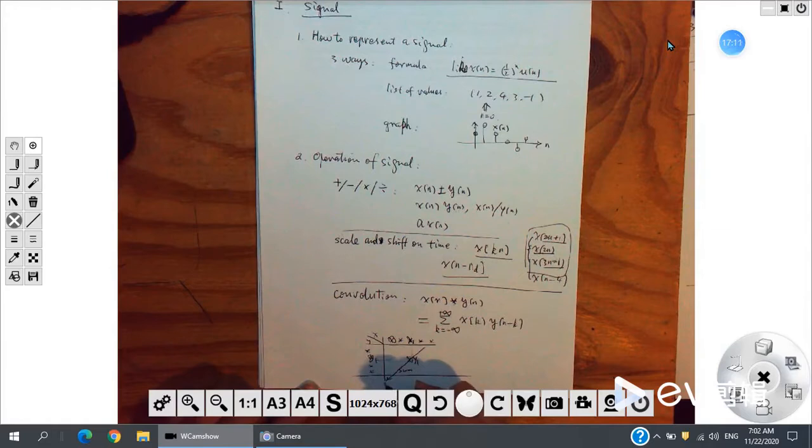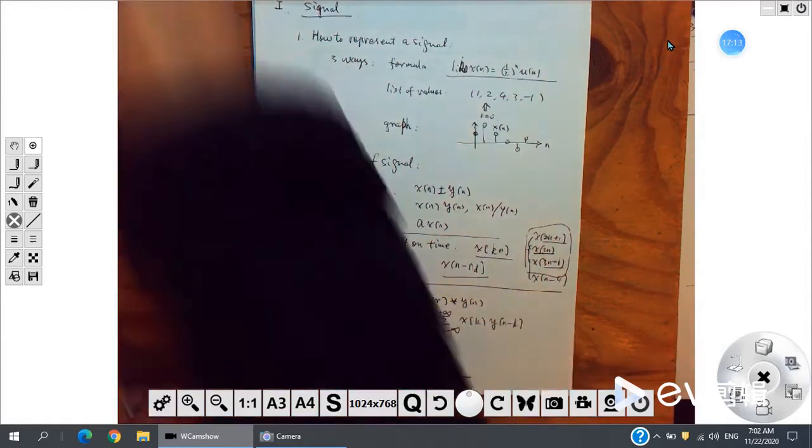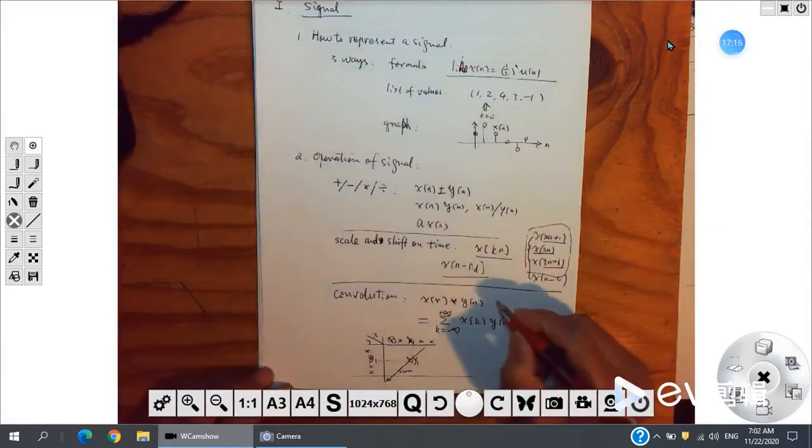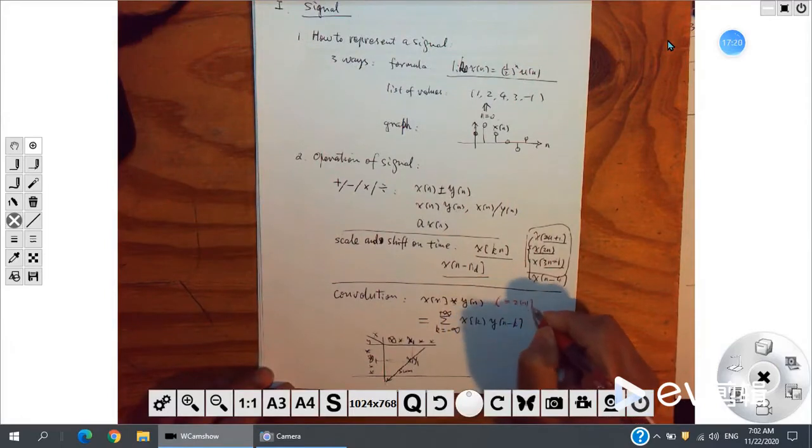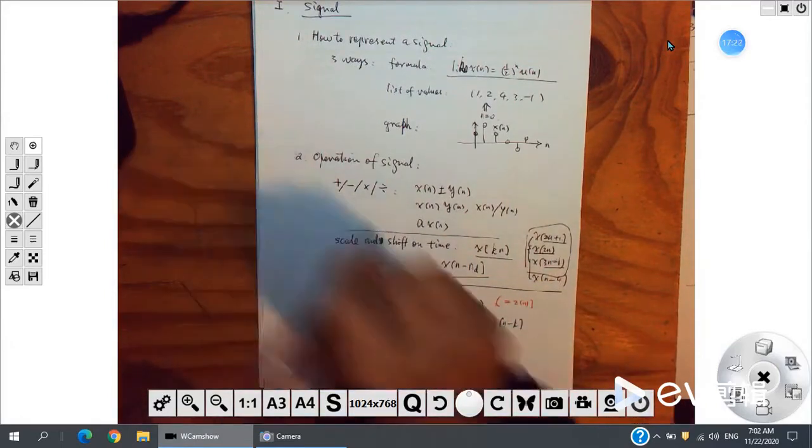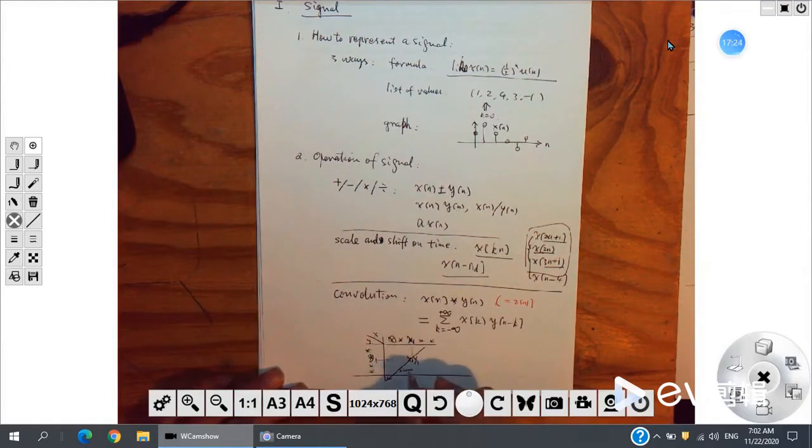If I denote this as z of n, then the summation along this line gives you z of n.